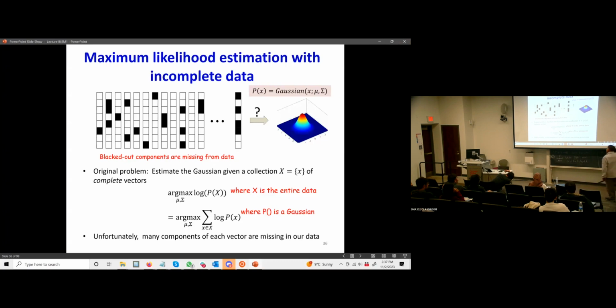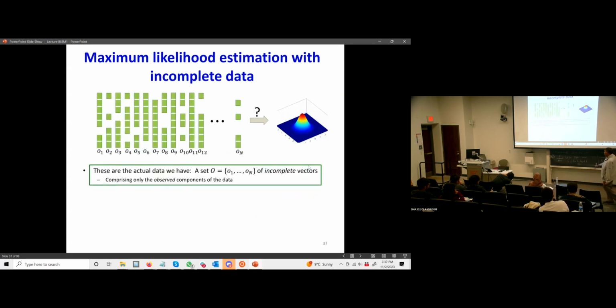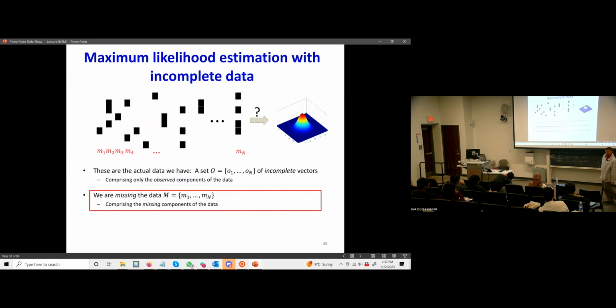We are going to try to estimate the mean and variance such that the log likelihood of the complete data is maximized, which is the sum over all vectors of the log of the probability of the complete vector, except that we have the situation where we only have incomplete vectors, right? These are all the data that you have observed.